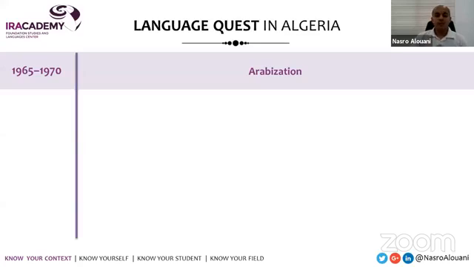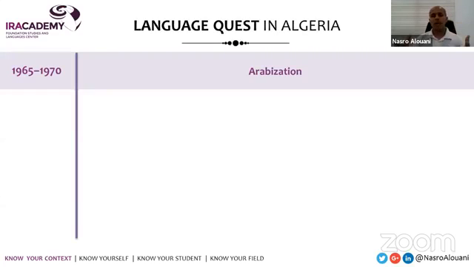Okay, the language quest. Here I set out some administrative decisions executed in Algeria from post-independence until now. From 1965 to 1970, Arabization took the lead in Algeria under Boumediene's rule. We also have the Mehri project later in Arabization.